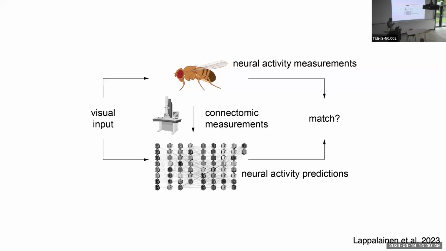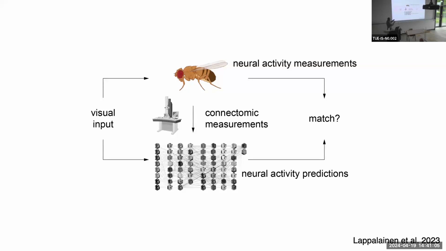So we took these measurements and then we wanted to build a simulation that then predicted neural activity measurements that were made by people here in the room and many others over 15, 20 years, 26 studies.